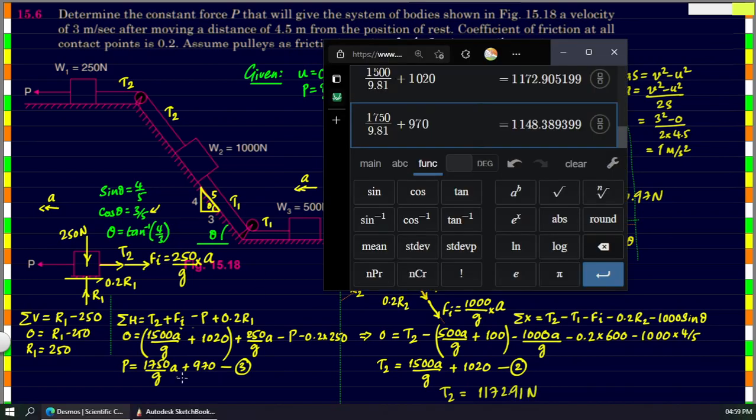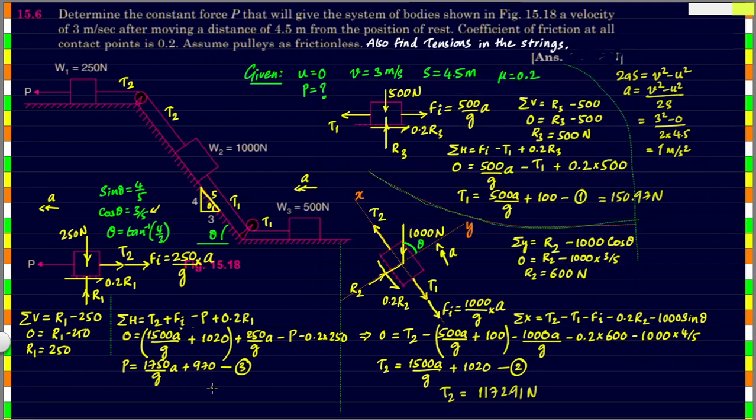And the same if we substitute here in the formula for P, we get 1148.39. So that's the value for P, 1148.39 newtons.